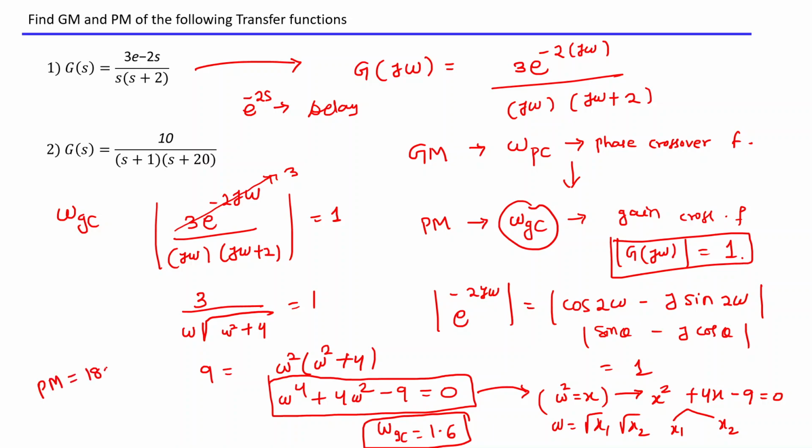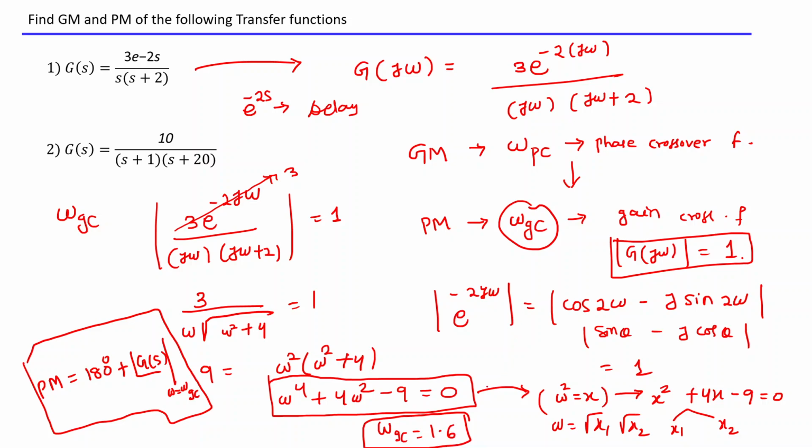You have to add 180 degree plus the angle of G of s at omega equal to omega gc. So omega gc is the gain crossover frequency. First find the angle of the system at omega gc and add it to 180 degree, that will give the phase margin. And if you put it here, this is not 1.6, it is some 1.266.